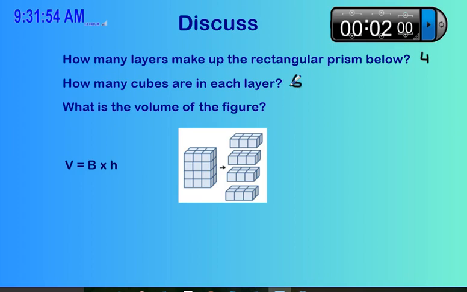So what then is the volume of the figure? Well, if there are 6 here, 6 here, 6 here, and 6 here, I could do 6 plus 6 plus 6 plus 6. But the quicker way of doing that would be to multiply it times 4, which is its height, and 6 times 4 gives me 24 cubes.